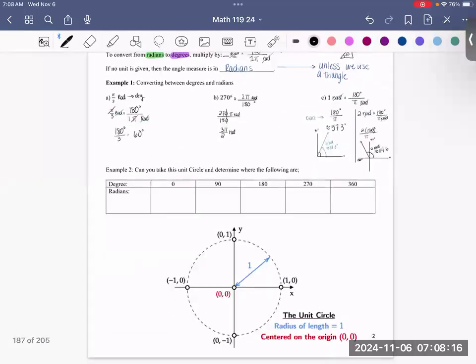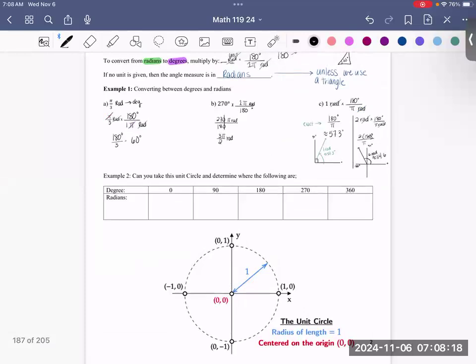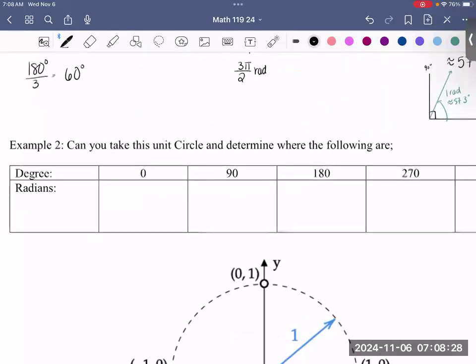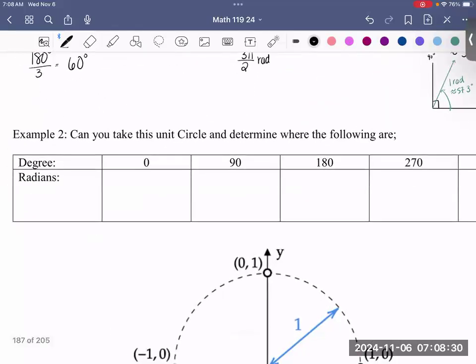So now let's get just a little bit more practice with example 2, converting from degrees to radians, and then putting those on your unit circle. So if we have 0 degrees and we're trying to convert into radians, we have pi radians above and 180 degrees down below.